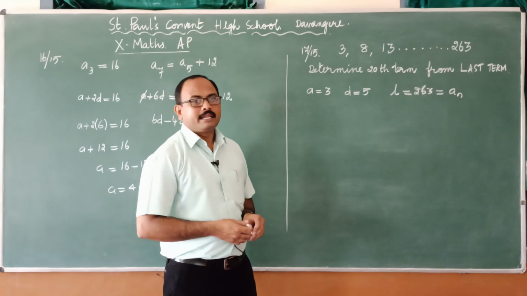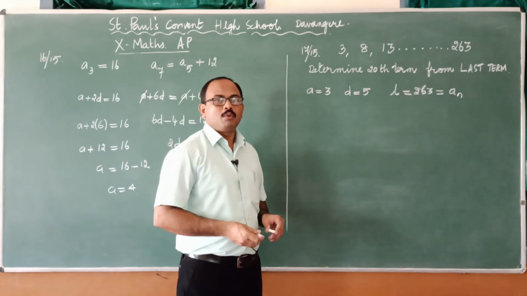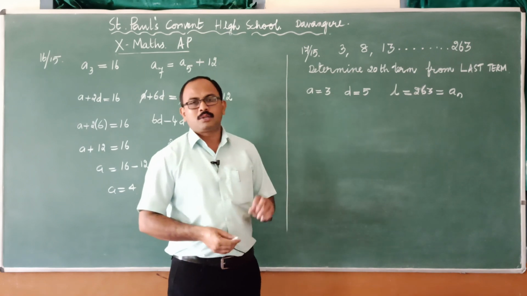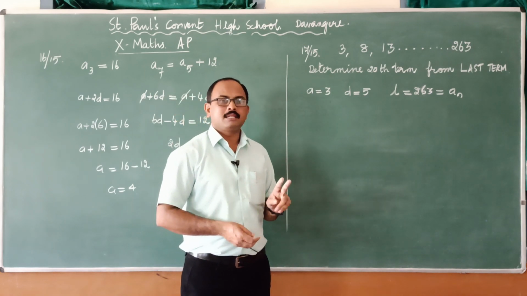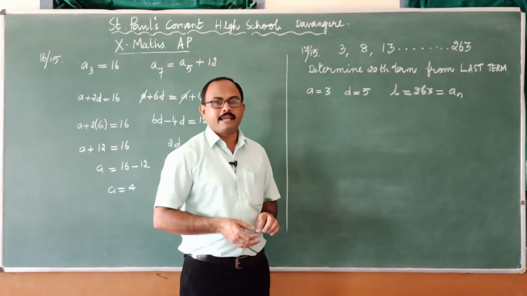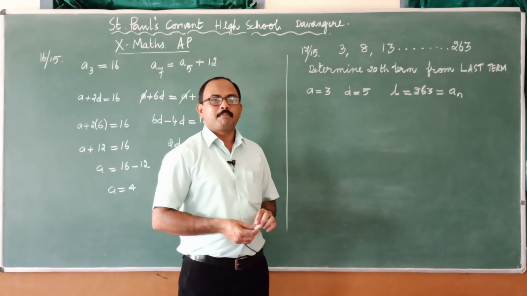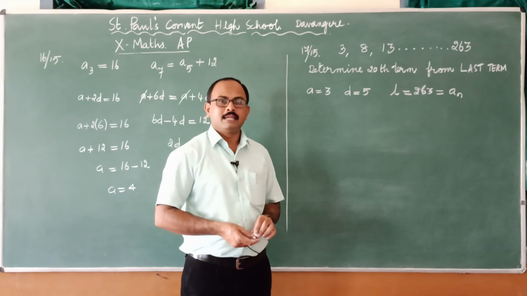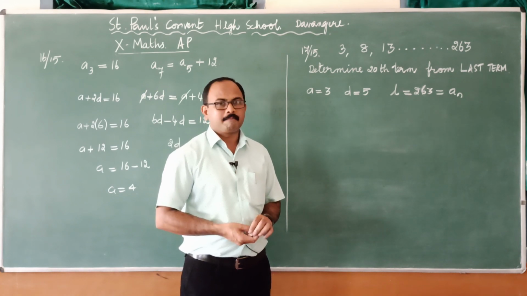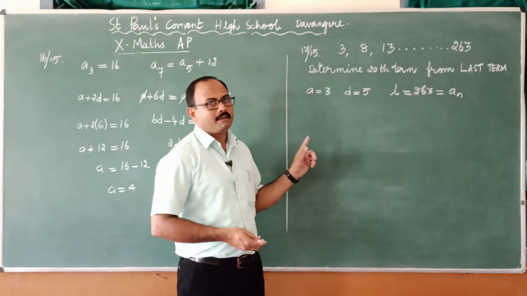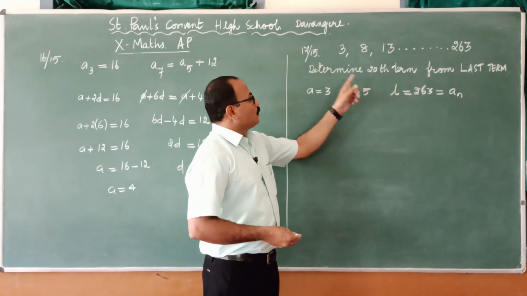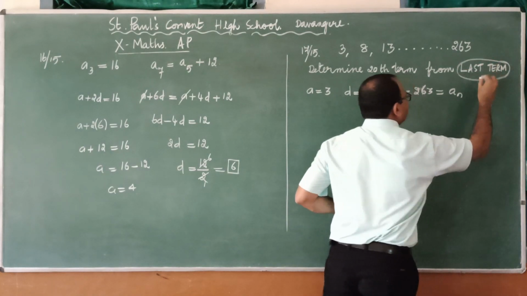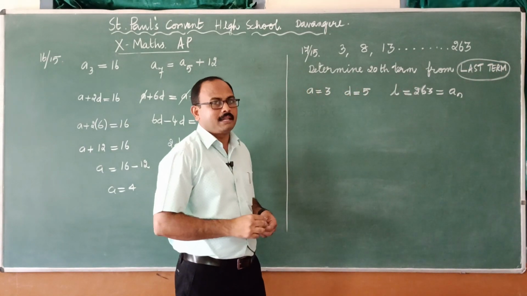Here I am going to introduce one more formula, children. Previously we have seen two formulas. One is the general form of AP, that is a, a plus d, a plus 2d, a plus 3d, likewise. Then the nth term is a plus n minus 1 into d. Now the third formula, children: whenever this phrase comes, especially, you have to use that formula.